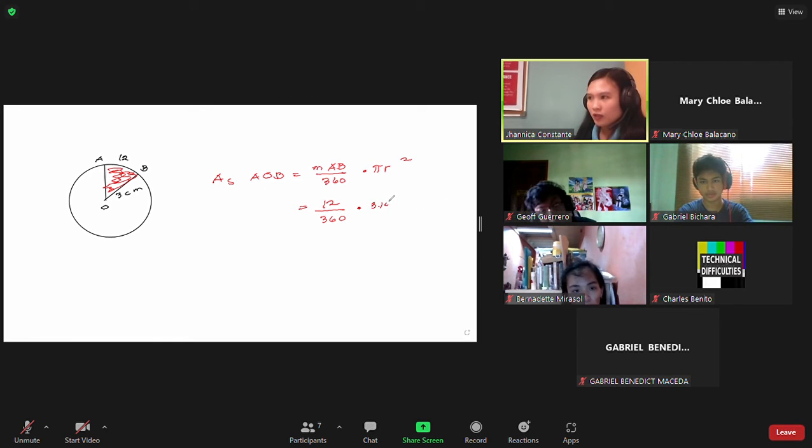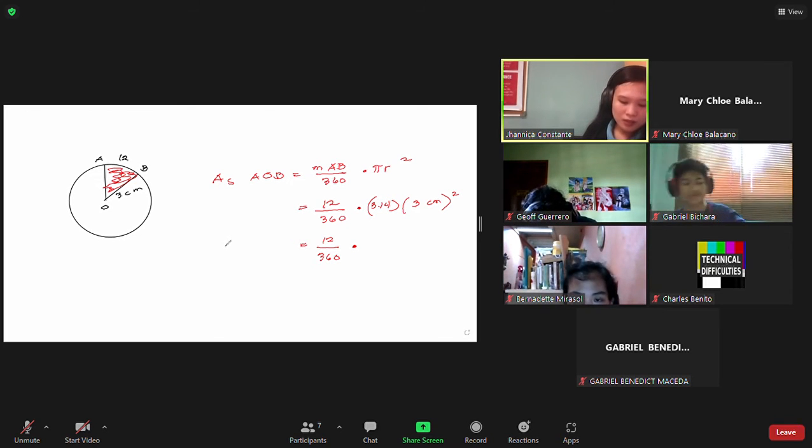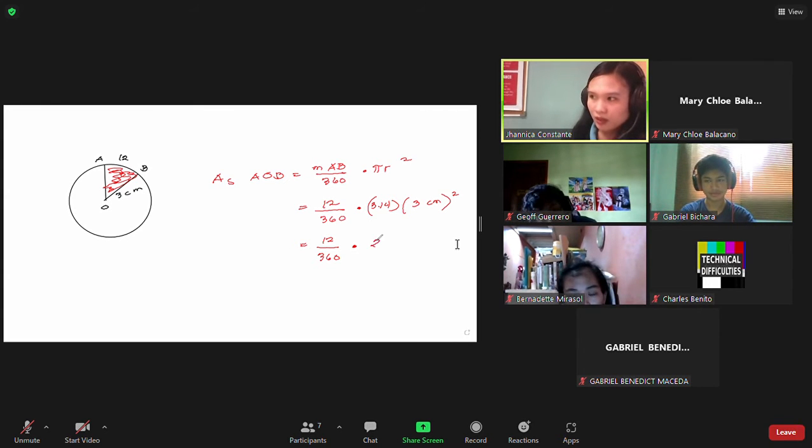So 3.14 times our radius, which is 3 centimeters squared. So 12 over 360 times 3.14 times 3 squared is equal to 28.26 centimeters squared.